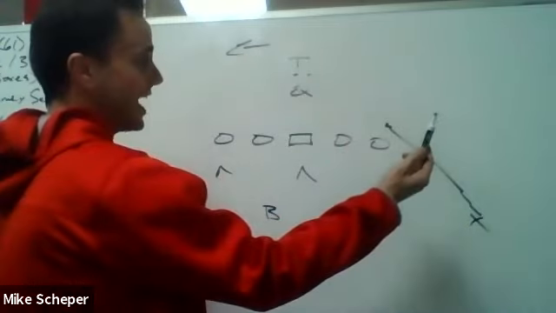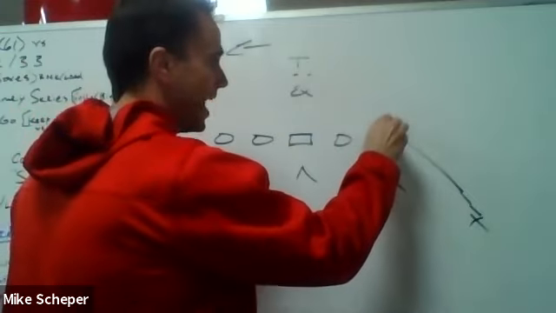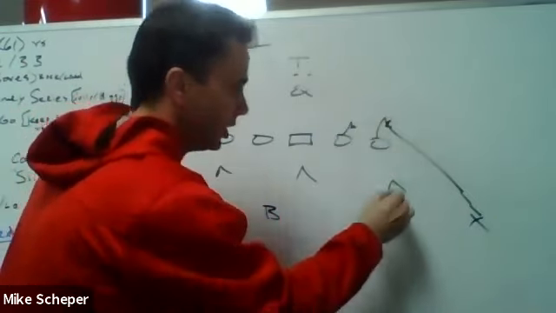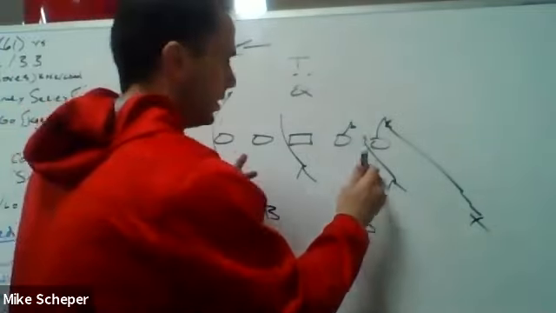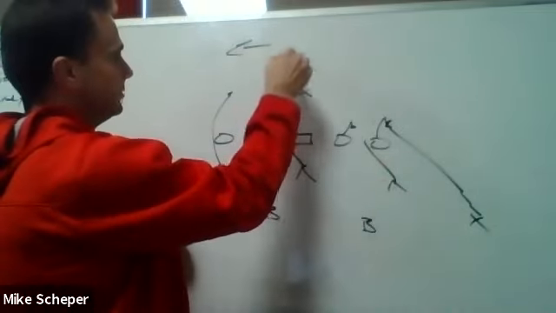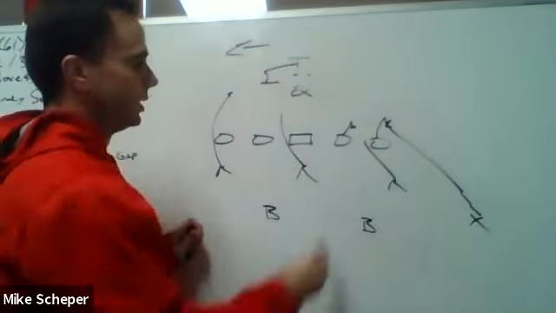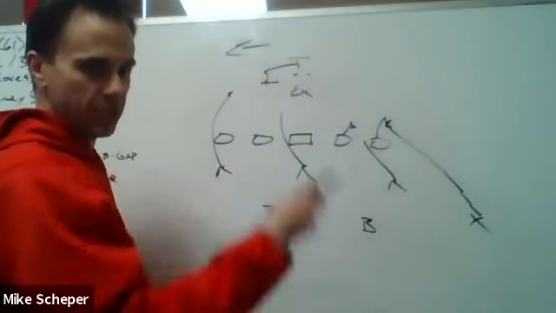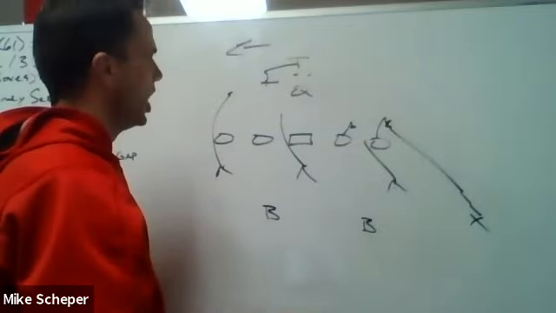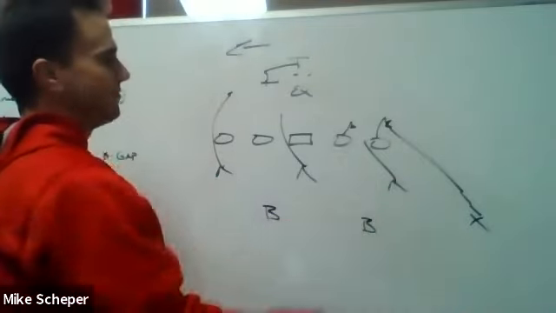So if that's the case, to where now potentially you're going to get, because this is a sidebar quickly here. They line up in pistol to run 61 protection, the mirrored opposite look. We set the weak halfback on this example.